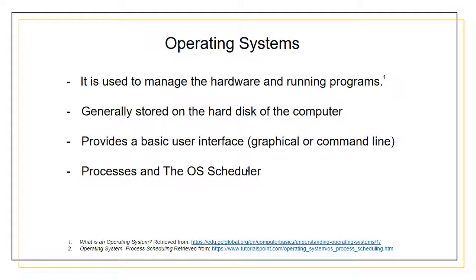A portion of the OS called the scheduler runs after each process to decide which process, if any, should be run next. The process of cycling CPU cores in this manner is typically referred to as preemptive multitasking, and that is the management of these processes.